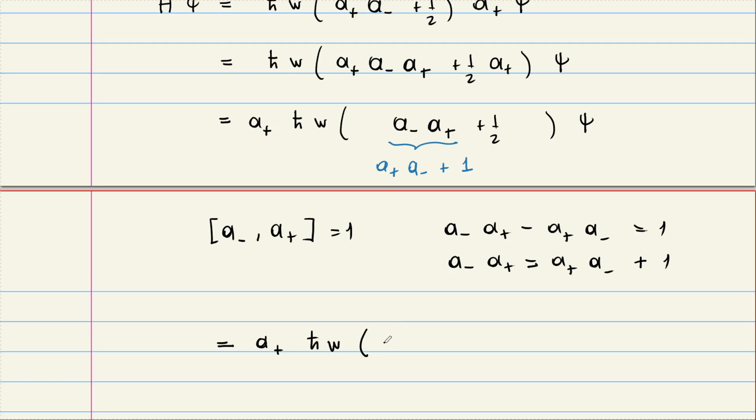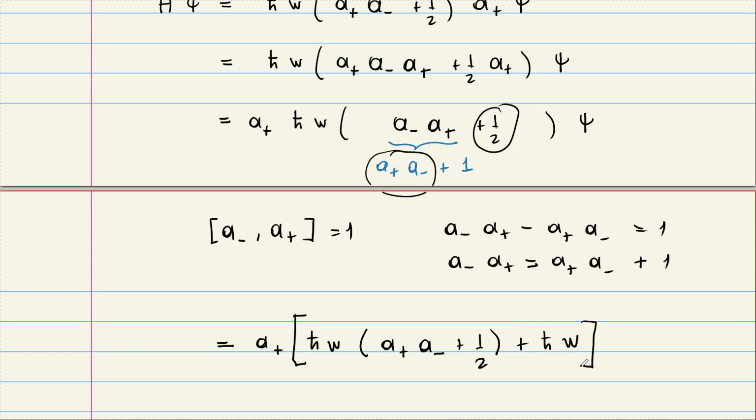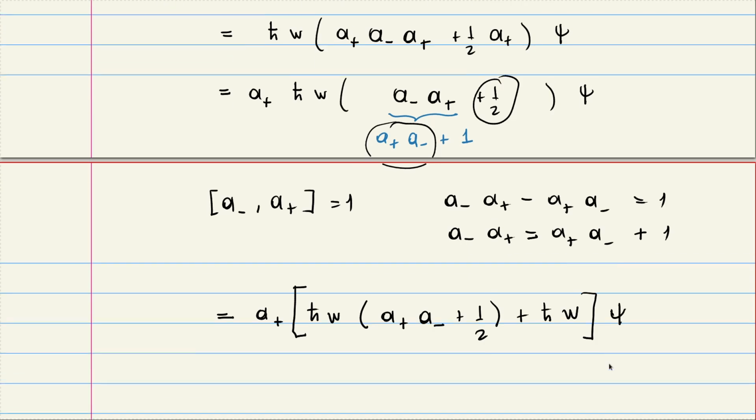Now this one is A plus, A minus. This thing I wrote. Let me write 1/2 first. And there is h bar omega. And this h bar omega, I want to write it separately. Plus h bar omega. And write it like a parenthesis like this. I'm rearranging the parentheses to get what I want. And at the end, there's psi. Good? Any questions?